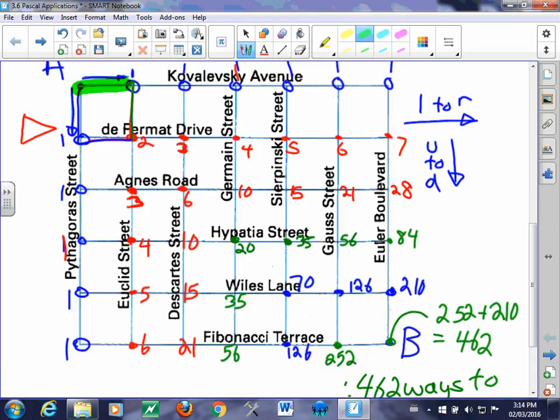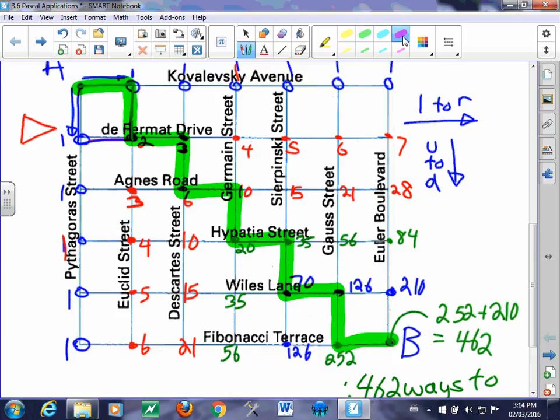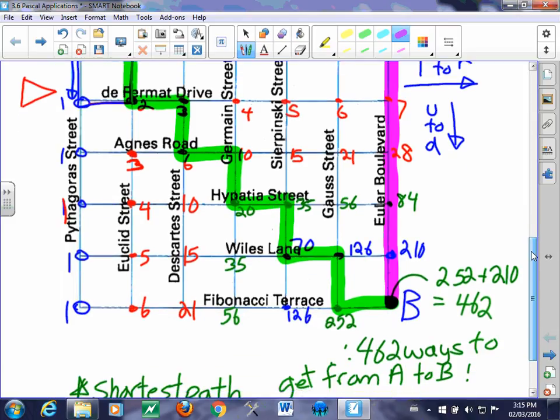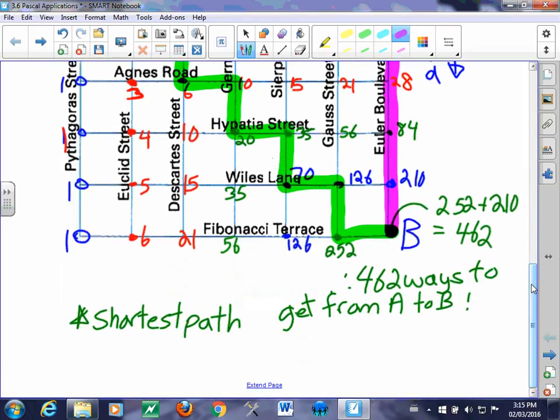So 1, 2, 3, 4, 5, 6, 7, 8, 9, 10, 11. Okay, let's see if there's any less if I go on the outside. 1, 2, 3, 4, 5, 6, 7, 8, 9, 10, 11. Okay, so it doesn't matter. The shortest path is going to be 11 spots. So shortest path equals 11 spots.